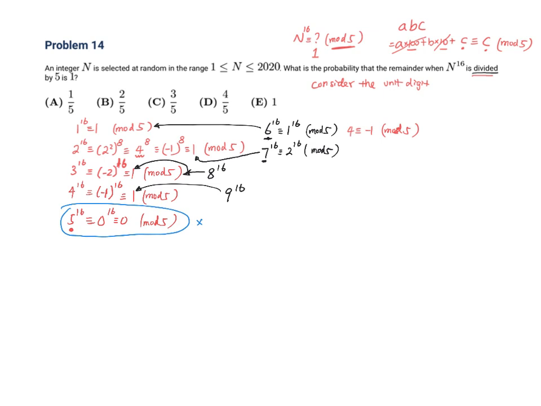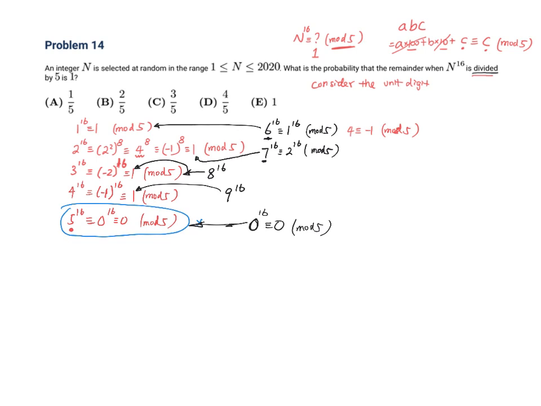So that's how you do this arithmetic here. And we forgot to mention that when the last digit is 0, 0 raised to power 16 is certainly 0 mod 5. So we have gone through all the possibilities.